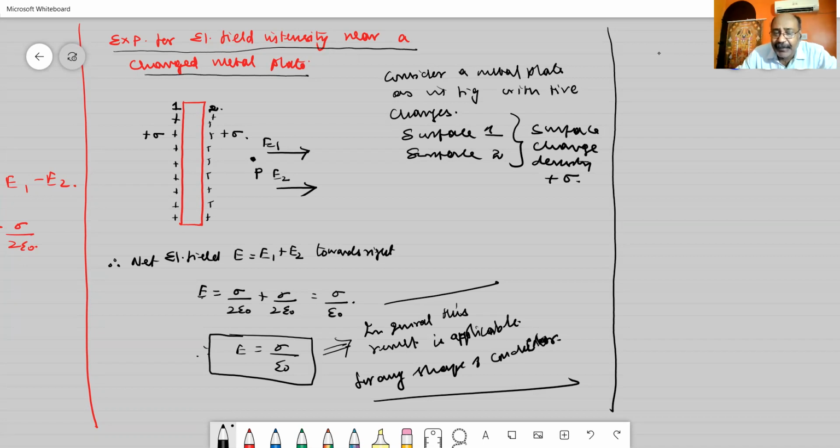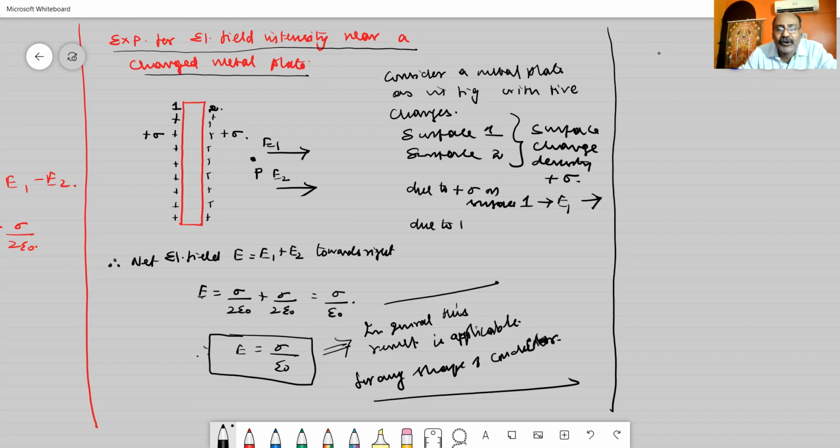Consider a point P away from the plates. If you are considering the point P away from the plates, the point P is experiencing two electrical fields. So due to plus sigma on surface 1, the electrical field available is E1 acting away.